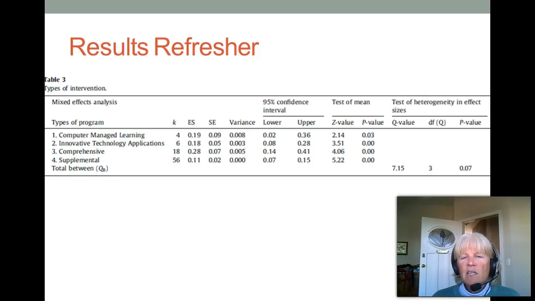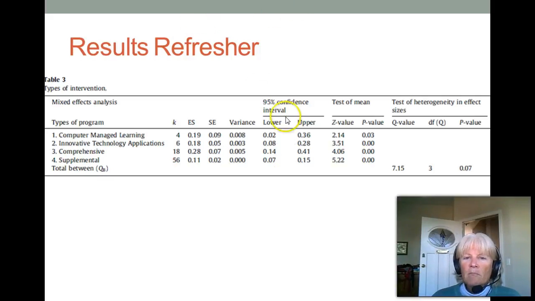None of the effect sizes in this entire study are beyond 0.5, so they're all relatively low effect sizes. So if we think about the overall impact of these various reading programs on student outcomes, they're not really all that strong.